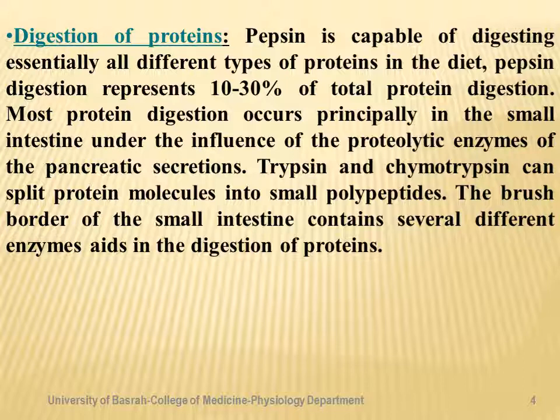They split the protein molecules into small polypeptides, and the brush borders of the small intestine also contain several different types of enzymes that are responsible for the digestion of protein. يعني بالإضافة البيبسين أول شيء started the first steps for digestion of protein, وبعدين تكمل by pancreatic enzymes, also by the enzymes released from the intestinal mucosa.